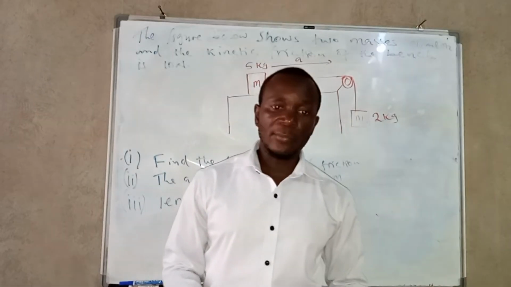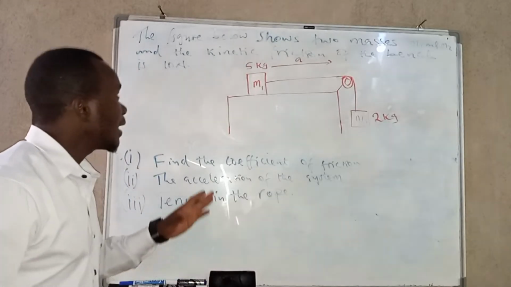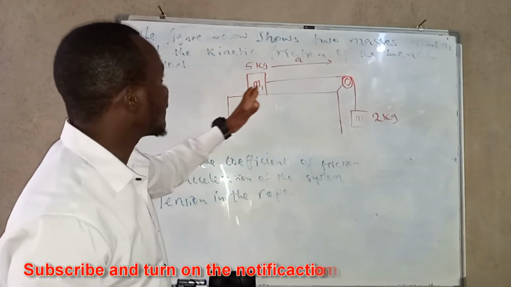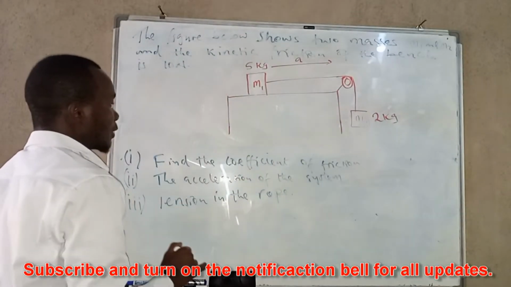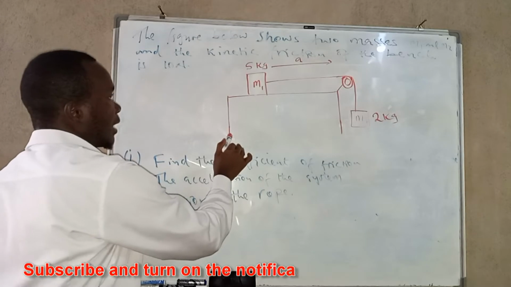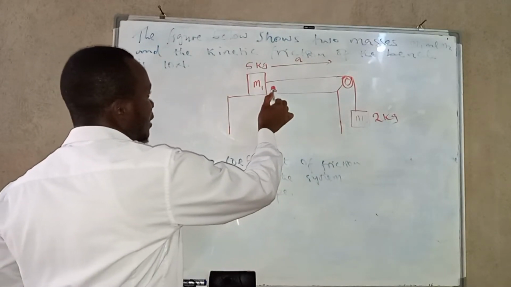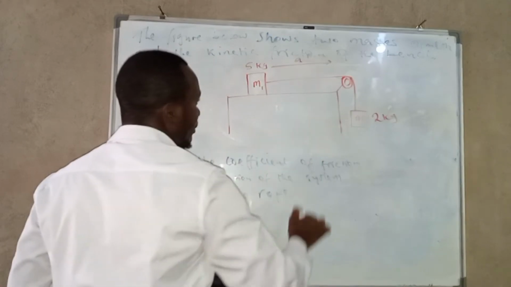Welcome to yet another question on Newton's second law of motion. The question says, the figure below shows two masses M1 and M2, and the kinetic friction of the bench is 10 newtons. So we have this bench, and this mass is connected to this mass by this rope.